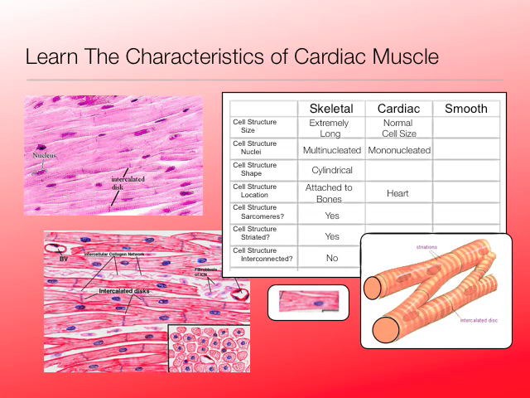Here's a little bit more of a three-dimensional picture. Are the cells cylindrical? Yeah, and focus on a single cell here. If you focus on a single cell, they're cylindrical, but you see how they're branched?